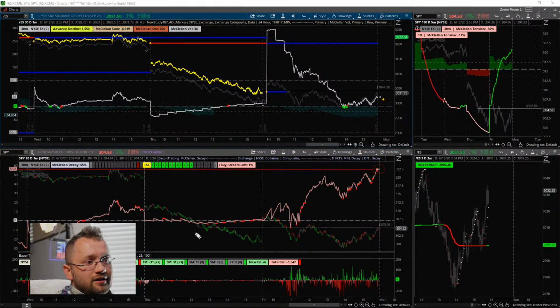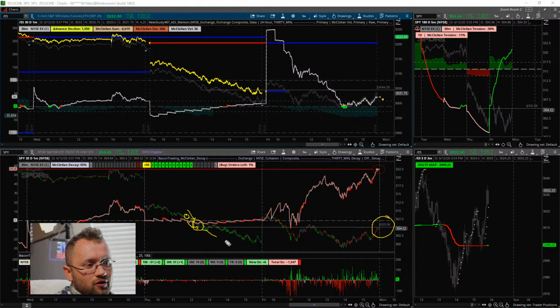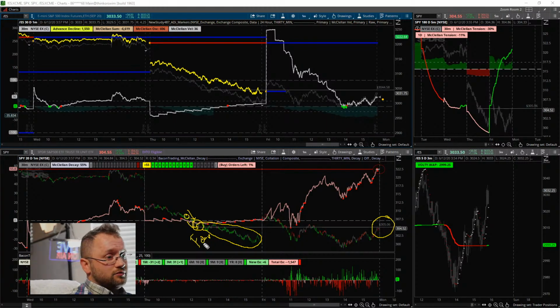Okay, so we're now right at that. I have this marked out because that was the last spot where the bulls screwed up and they got liquidated, and then all of this movement down was just straight fear. I think there was no structure for it.